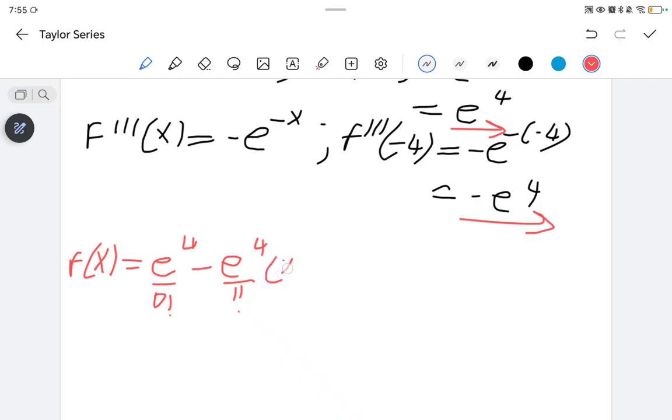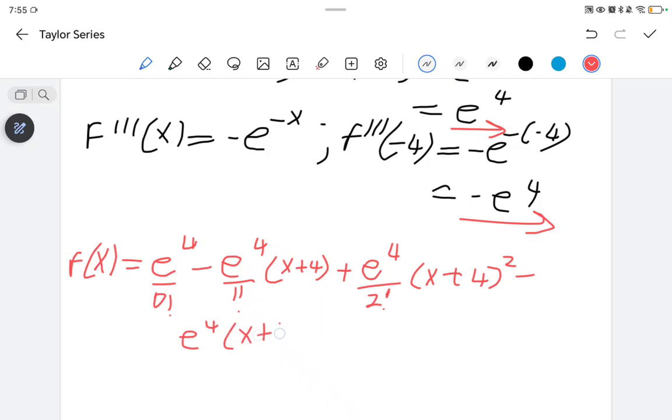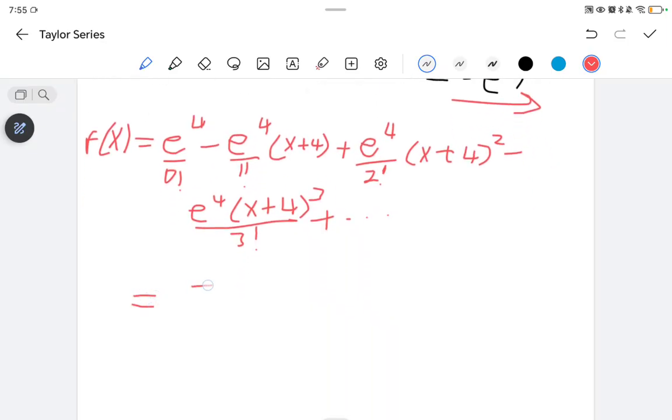Here it's x minus minus 4, which is plus 4. x plus 4 squared plus, no, this one is minus, you see, right? And this would be the summation until infinity of n equals 0. And then we realize, yes.